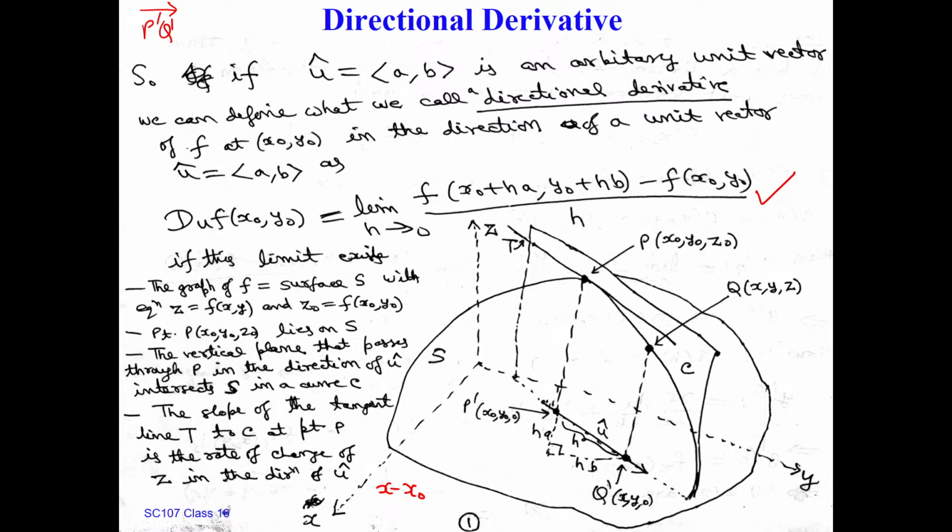P prime Q prime is h times the unit vector u, for some h.